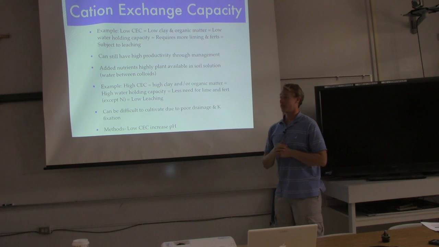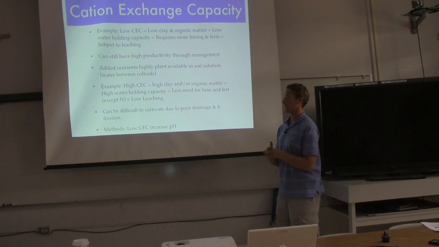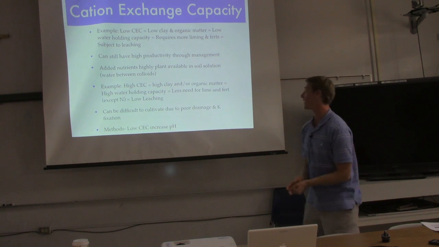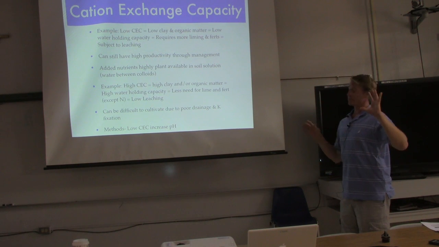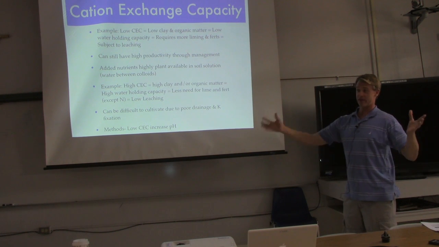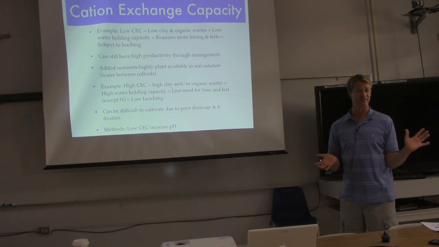Also, if I add nutrients to the soil in high clay soils like in Waianae, there's a lot more colloid surface, so the plants can exchange a lot better. Does that make sense?